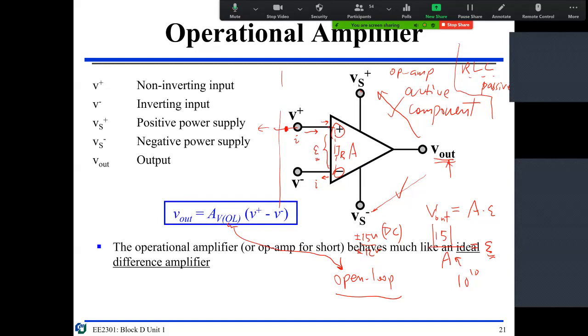So operational amplifier behaves much like an ideal difference amplifier. Basically, you have V plus minus V minus times this very big number, and you get a V out. But V out is maxed at 15 or 12. So if this difference is a little bit bigger than a certain tiny value, your output stays there at 15 or minus 15, okay?